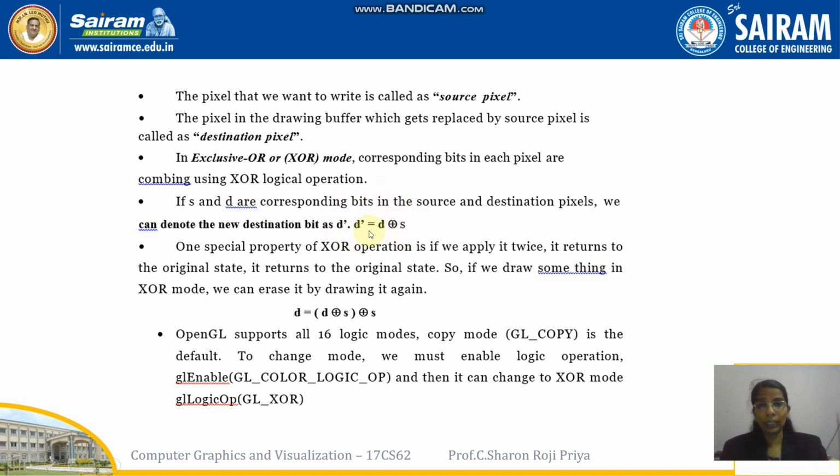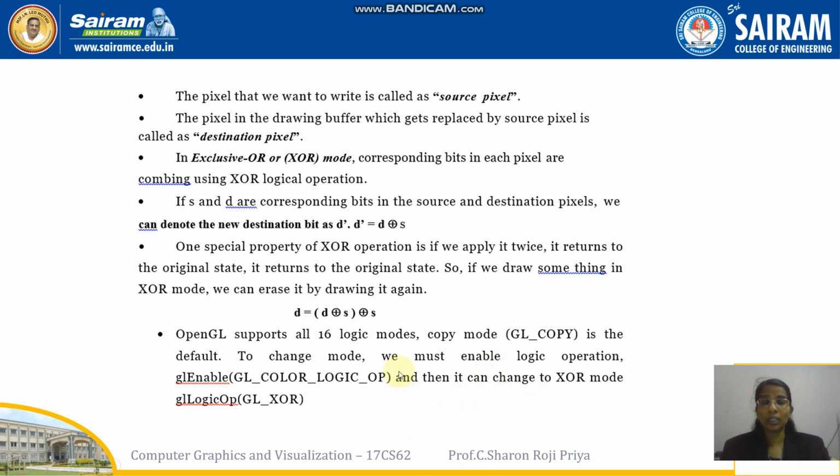What is D dash? D XOR S. If I take the XOR operation with the source pixel once again, I'll come back to this D. D is the original destination pixel. So this XOR property I can use for erasable drawings.